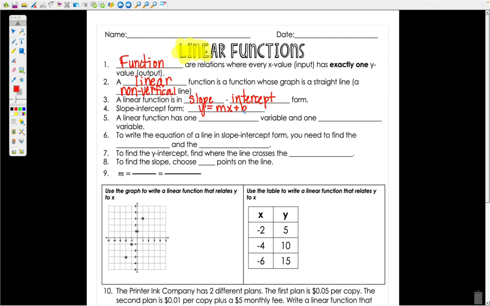And a linear function is going to have one independent variable and then one dependent variable, with the independent variable always being the x, and the dependent being the y.